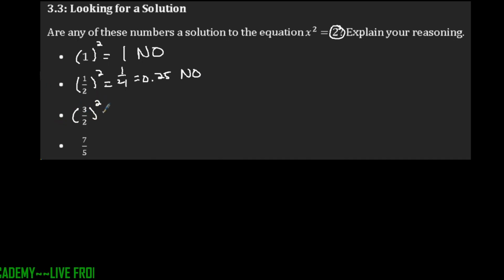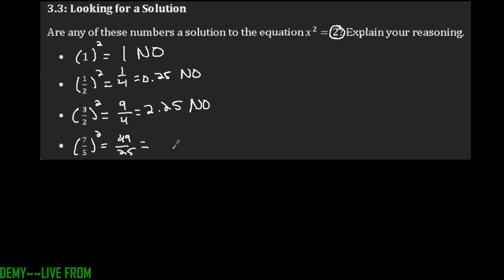Same thing, squaring each of those, I have 9 over 4, which is the same as 2.25, which is a little bit bigger, so that's also no, because I'm trying to get exactly 2. And what about the last one? Try this one. 49 over 25, which is equal to 1.96, so this is also no. So each of these are not solutions.